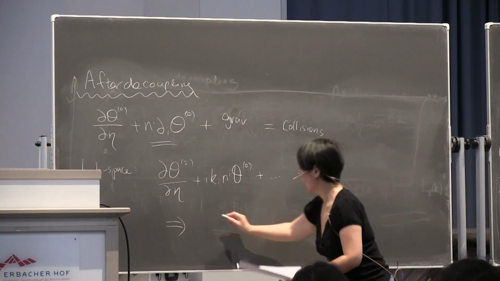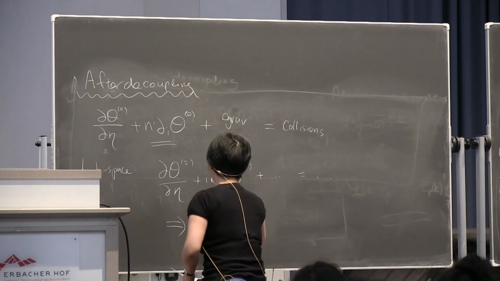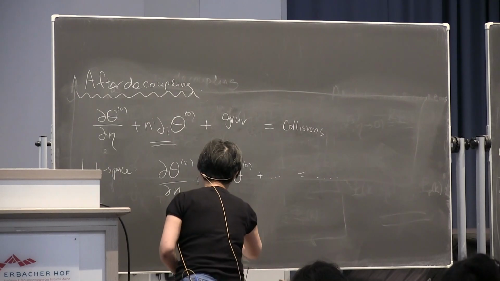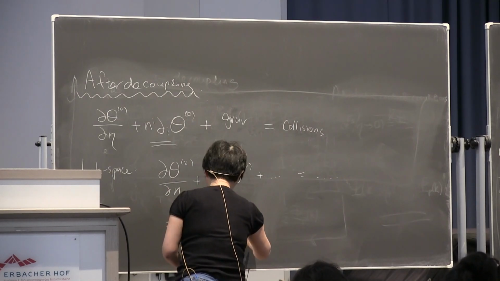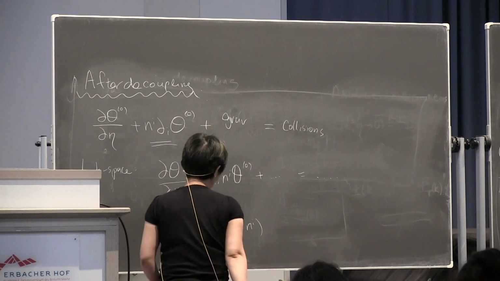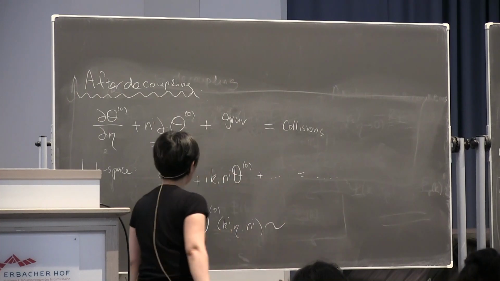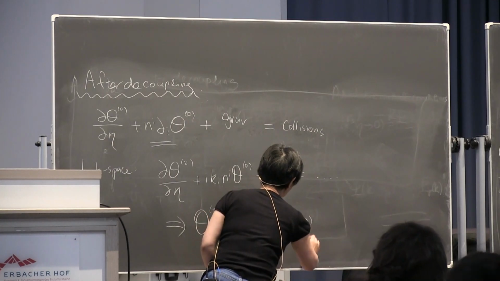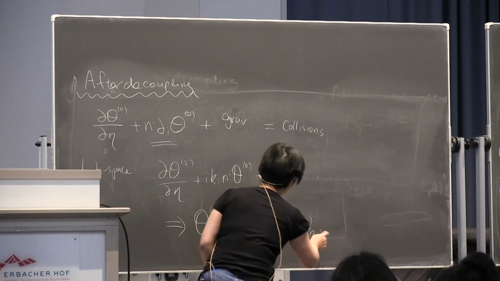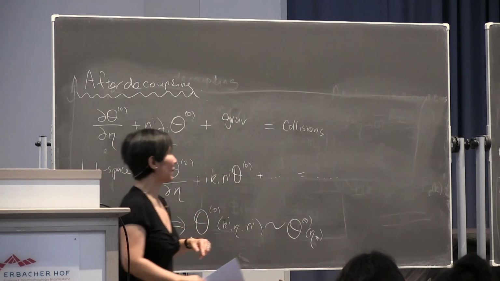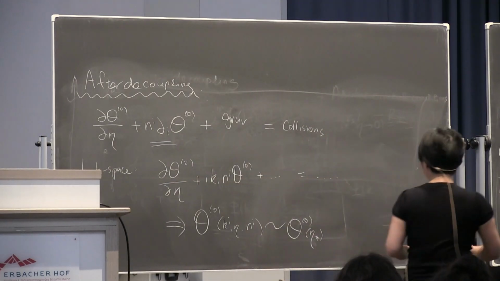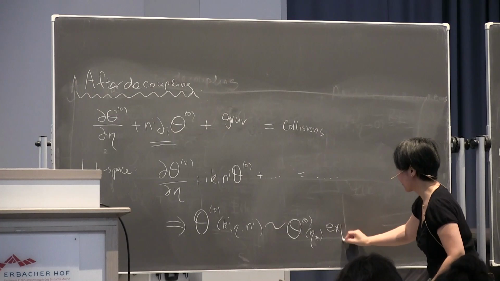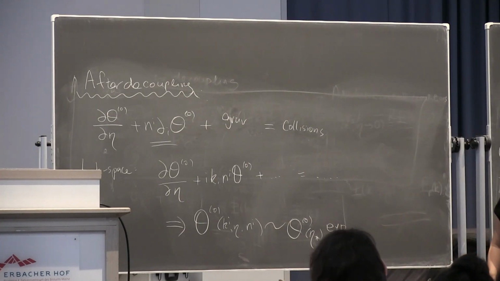I should have θ₀, which is generally a function of k, η, and the direction of the photon, be roughly, schematically, given by some initial condition, which I'm going to pretend is the initial condition at the time of the last scattering surface. And the free streaming will be represented just by a simple plane wave solution.